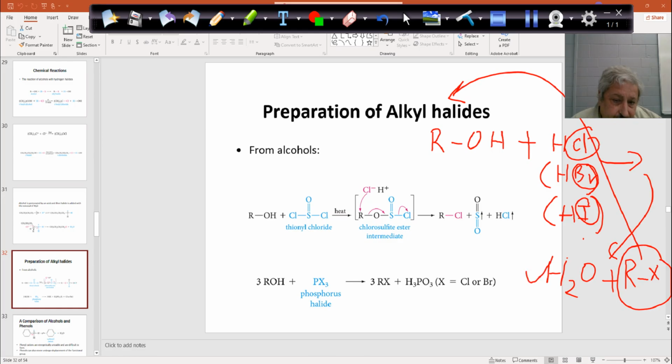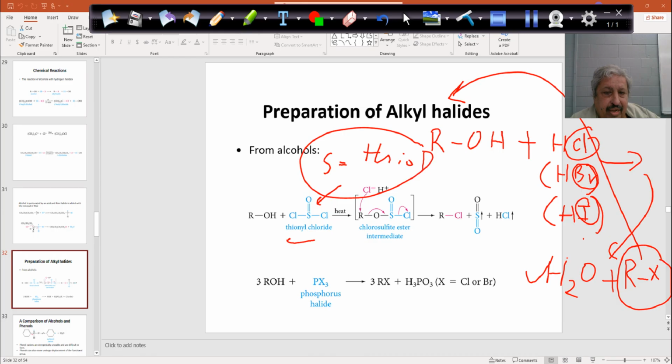The second route, you take the alcohol here with thionyl chloride. This is sulfur. Sulfur means always an organic compound called thiol. Anytime you have not OL but thiol here, sulfur means thiol.